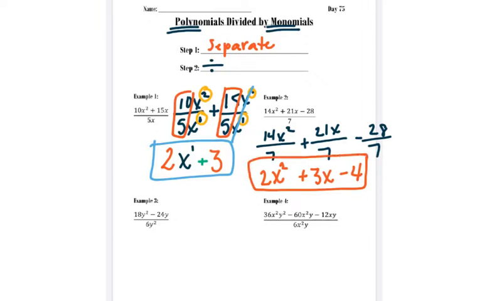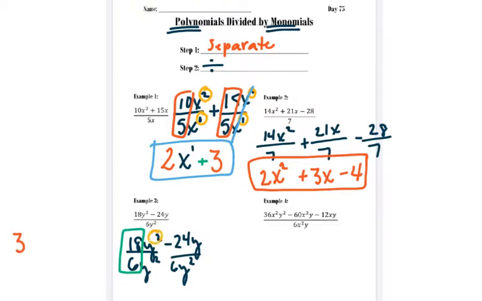Example 3. 18y squared minus 24y. Give each piece this y squared. 18 divided by 6 is the number 3.